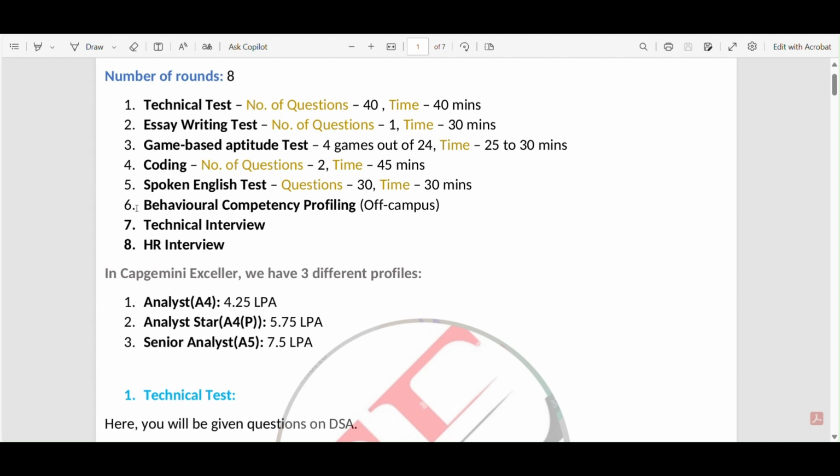Okay. And next we are having behavioral competency profiling. That means it is only for off campus students. For on campus it is not there. In that you will be given some time, some 15 minutes or 20 minutes. Then you will be given some questions.